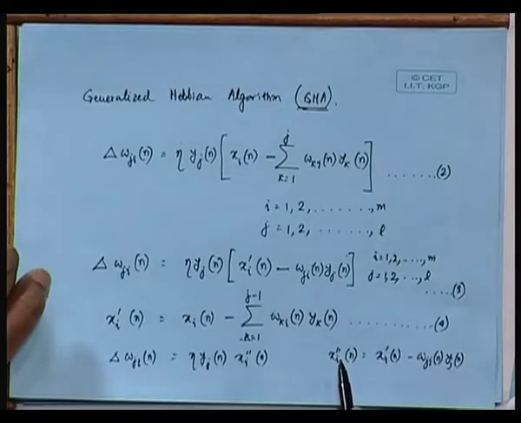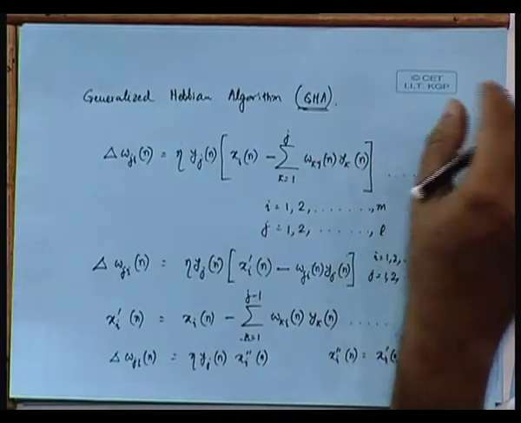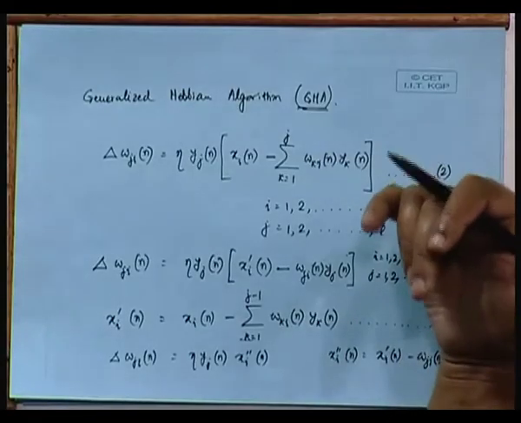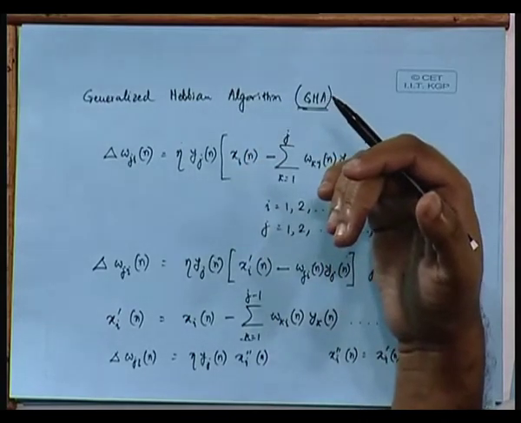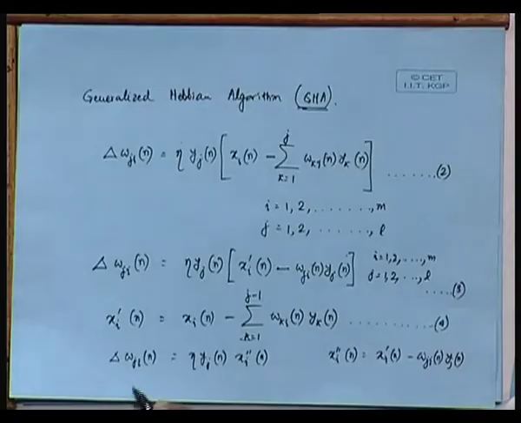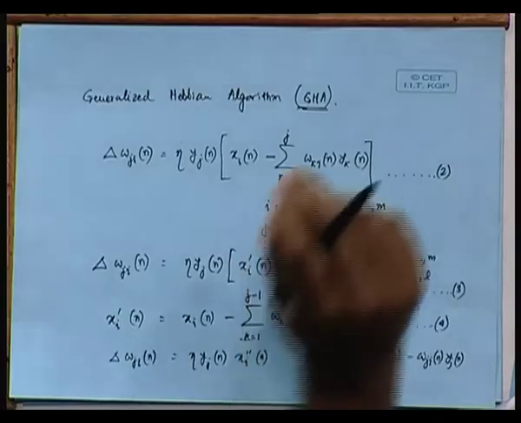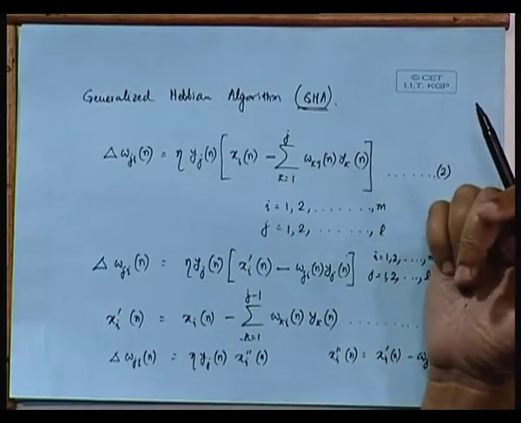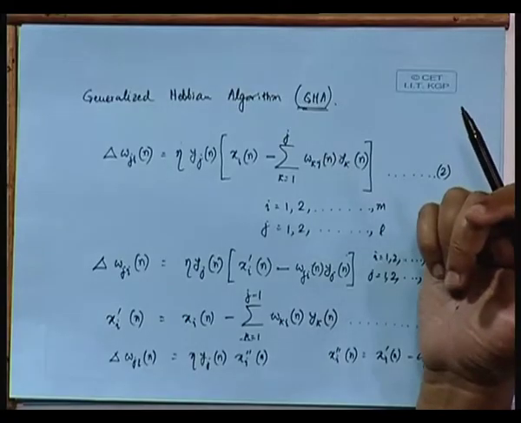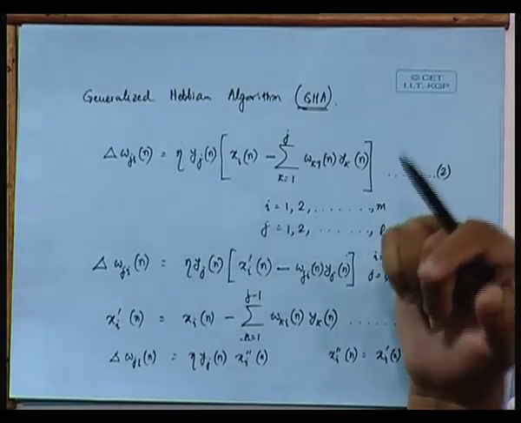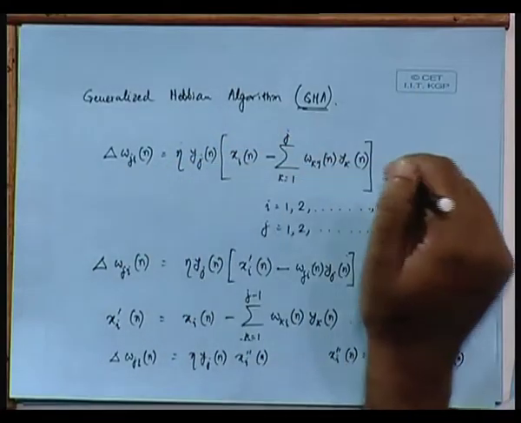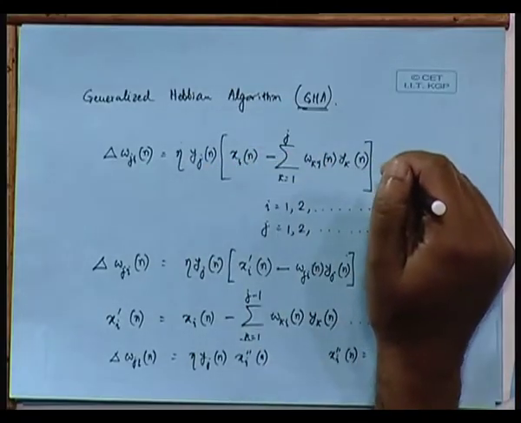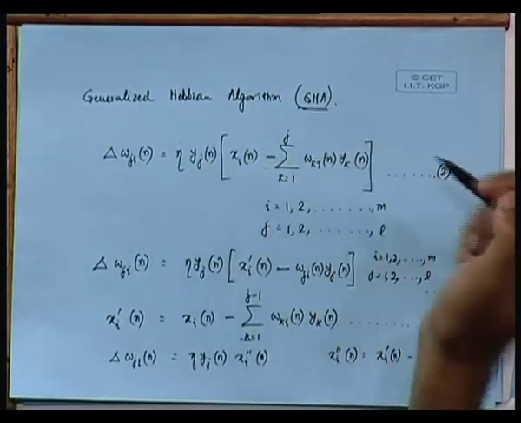Once again I repeat, in case you have any difficulty in appreciating what this generalized Hebbian algorithm has to tell us: we have delta w j i n equal to eta y j x i n, and this equation is very familiar to us. We had already seen that in the case of Hebbian learning, but there we were considering only one output, whereas here the Hebbian learning mechanism has been generalized to more than one output.